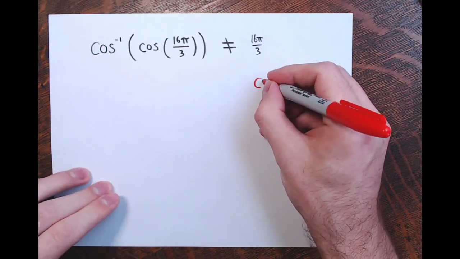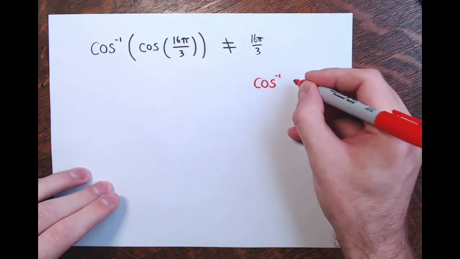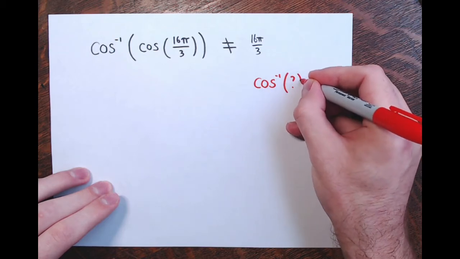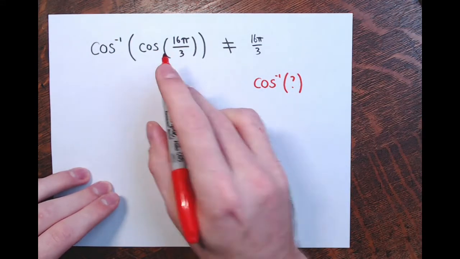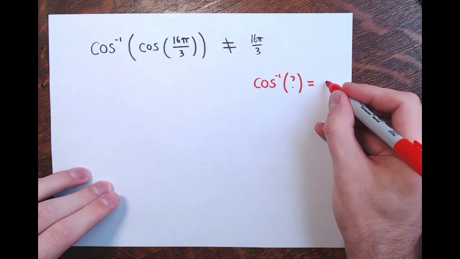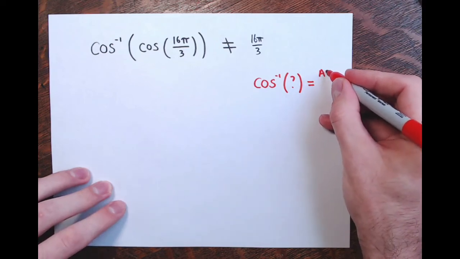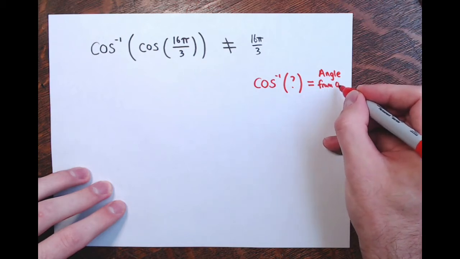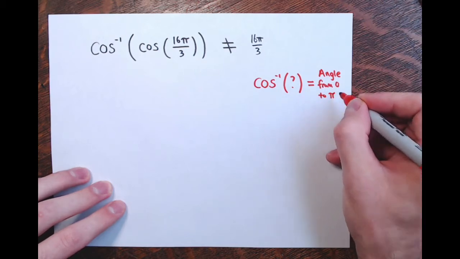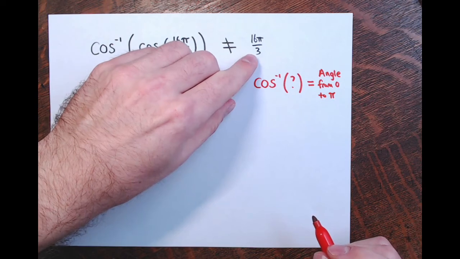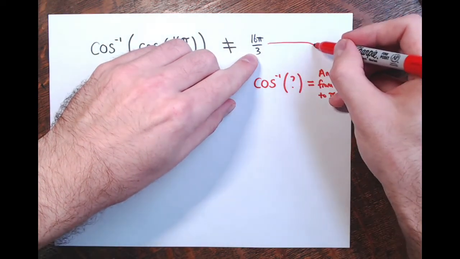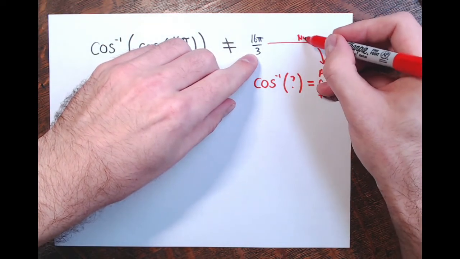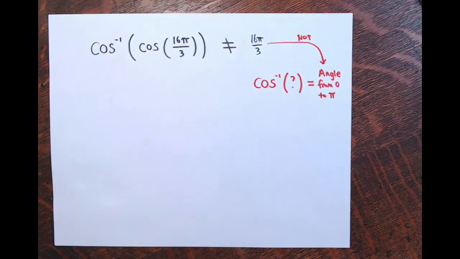The reason that's wrong is because you're doing the inverse cosine. Remember, when you take the inverse cosine of some number, the output is an angle from 0 to pi. 16 pi over 3 is not an angle from 0 to pi.